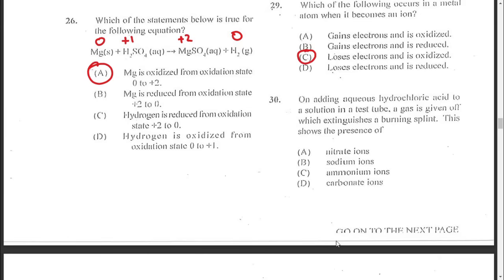Carbon dioxide is heavier than oxygen, so what it does is push it away from the flame. That is why carbon dioxide is used in fire extinguishers, because it can displace oxygen from around the flame, and so the fire is extinguished. Okay, so it means that if the carbon dioxide gas is produced, it means that the carbonate ion is present.